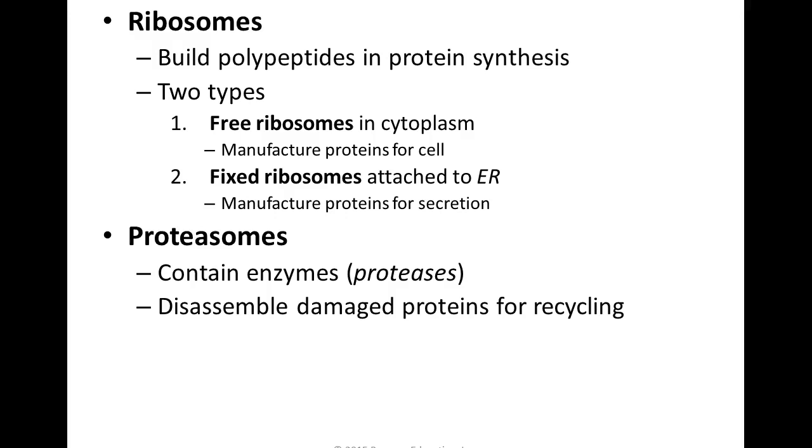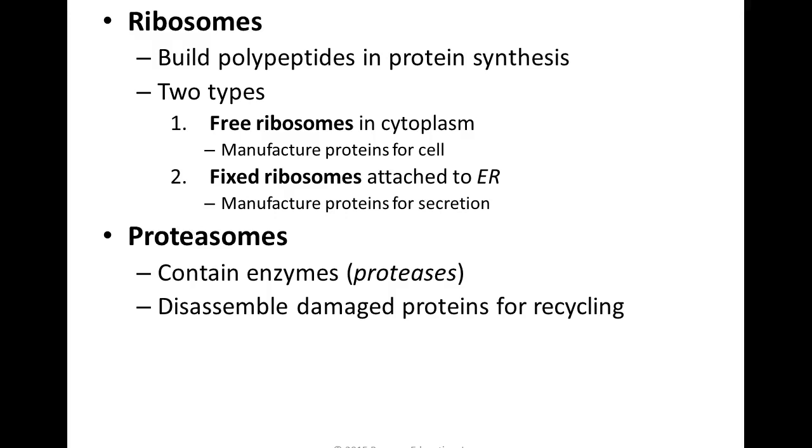Ribosomes, again, we're talking about the non-membrane organelles. They are the sites of protein synthesis, so building polypeptides. So they are the sites where you're putting amino acids together into polypeptides. You have two types. You have free ribosomes, floating around, well, actually moving around the cytosol, and then fixed.